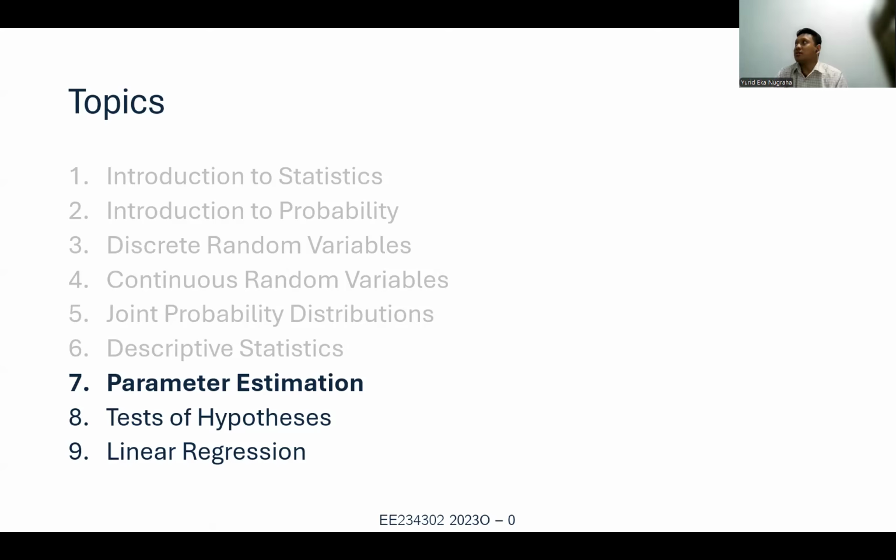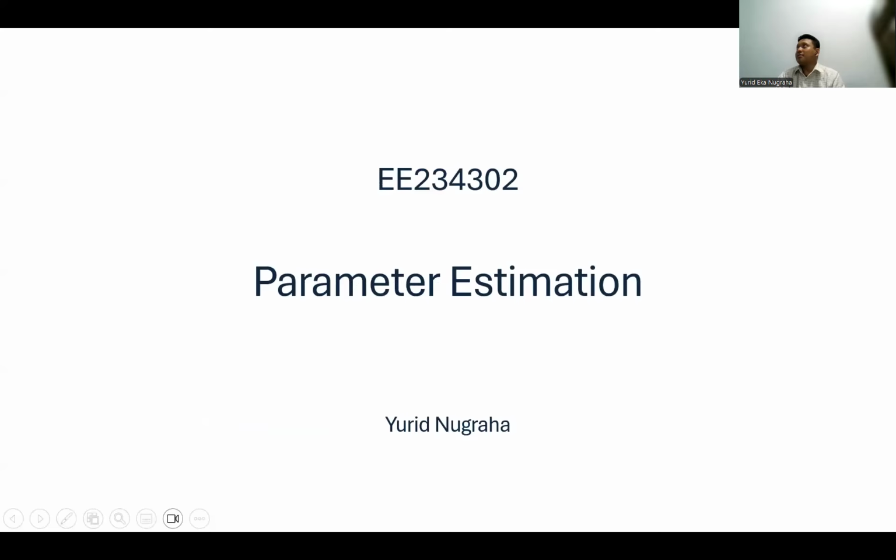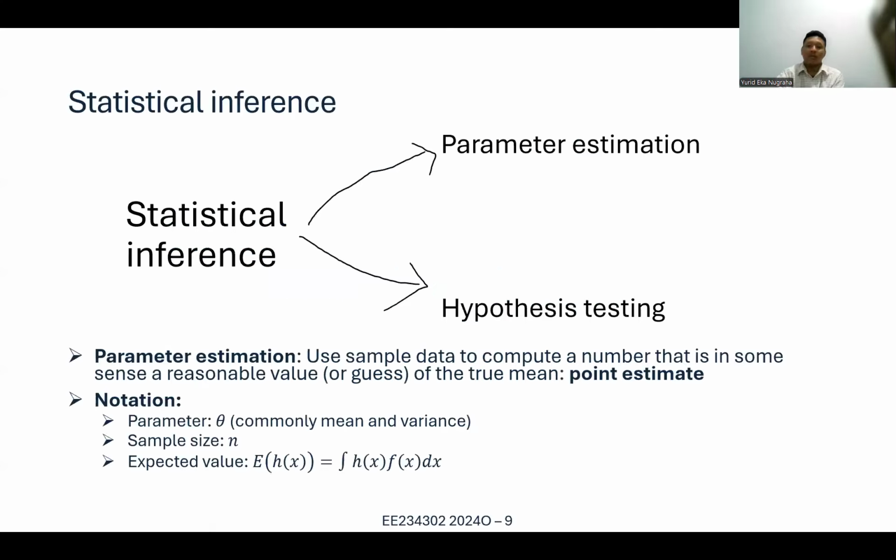As the name suggests, we are going to estimate some parameters. What parameters? They are parameters of the population. And what we mean by estimating is we have the sample, and then we have the population.